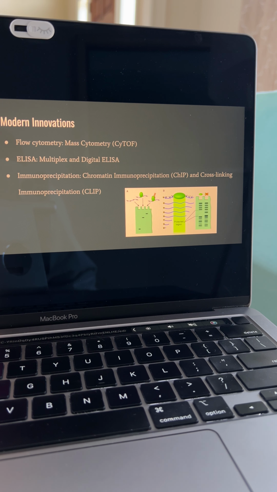ELISA has the multiplex ELISA and the digital ELISA. The multiplex detects multiple analytes in a single sample simultaneously, which enhances the efficiency. And the digital one uses digital readouts for ultrasensitive quantification of analytes, which improves the detection limits.